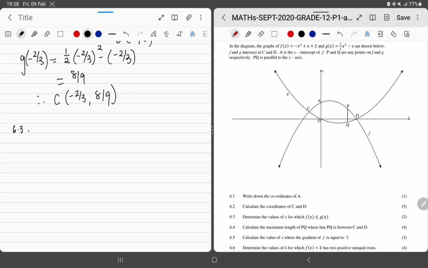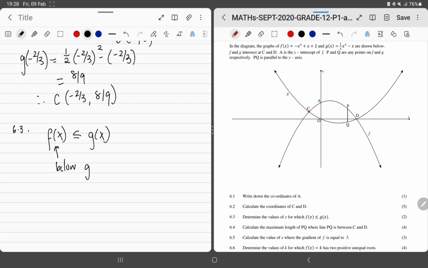6.3. Determine the values of x for which f(x) must be less than or equal to g(x). So this notation, less than or equal to g(x). In order for f(x) to be less than g, f must lie below g.